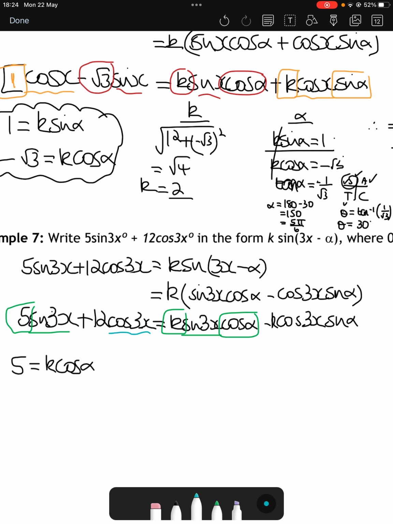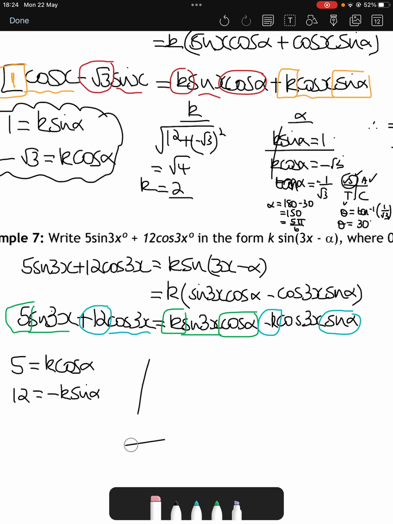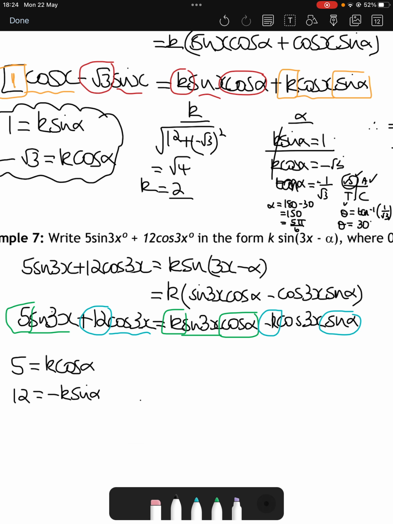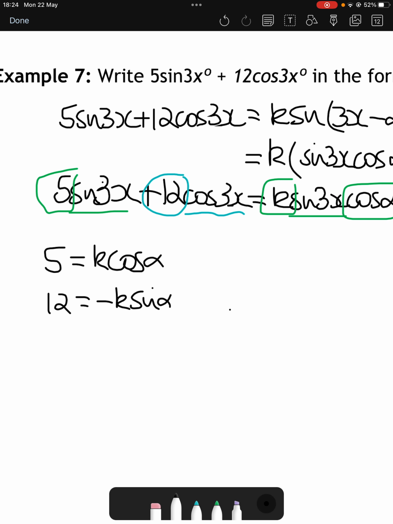Cos 3x's, we have 12 minus k there, watch out for your minuses. So we have 12 equals minus k sine alpha. Not in the right form, so I'm going to do that. So first of all, I want my negative to be my 12. And I want my 5 and my cos to be underneath.